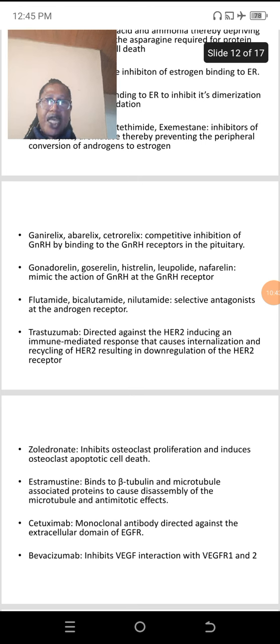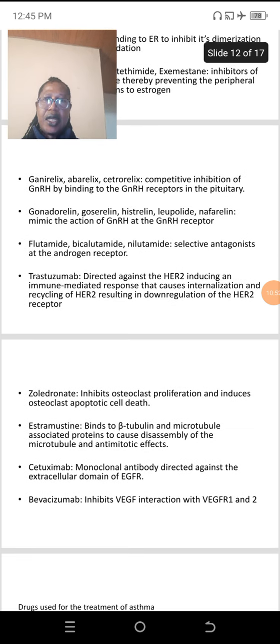Zoledronate acts by inhibiting osteoclast proliferation and induces osteoclast apoptotic cell death. Estramustine binds to beta-tubulin and microtubule-associated proteins to cause disassembly of the microtubule and antimitotic effects. Cetuximab is a monoclonal antibody directed against the extracellular domain of the EGFR.